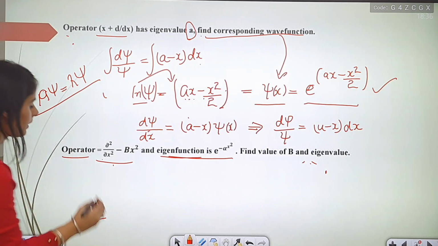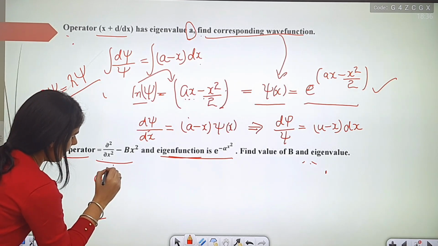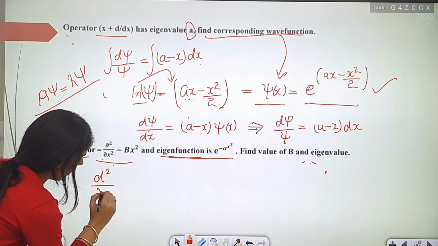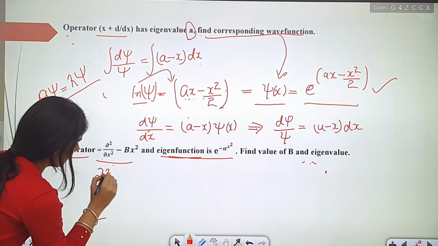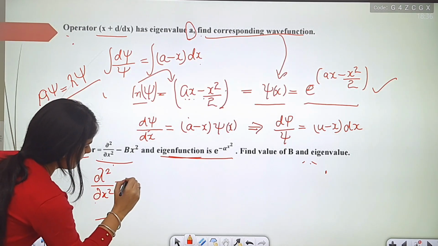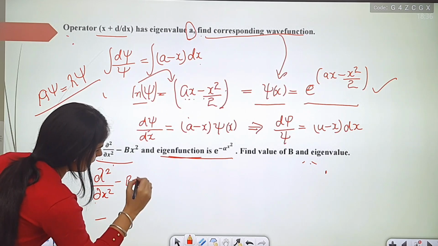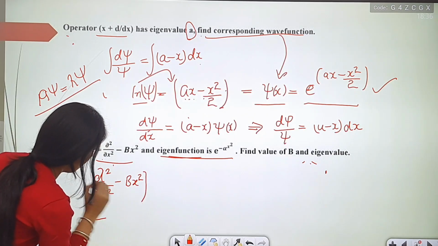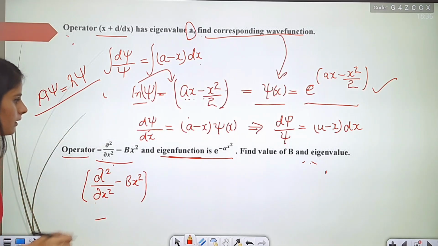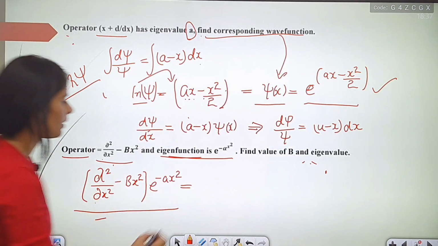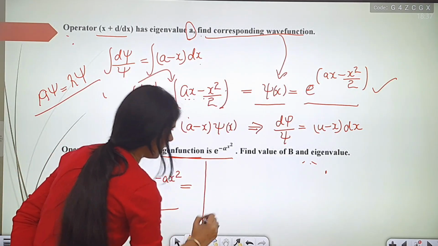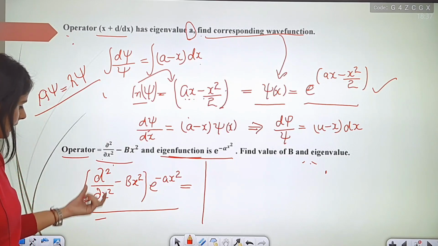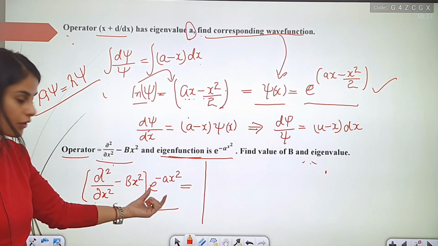So let's separate it. Del square upon del x square minus bx square is operating. First of all, let's deal with the derivative part, as it is the double derivative of this function.